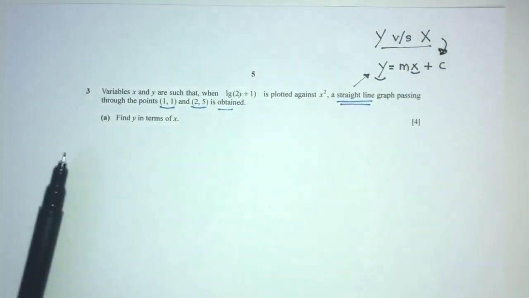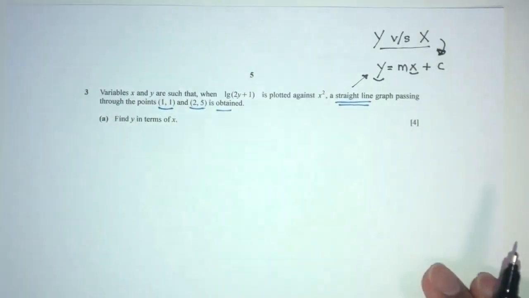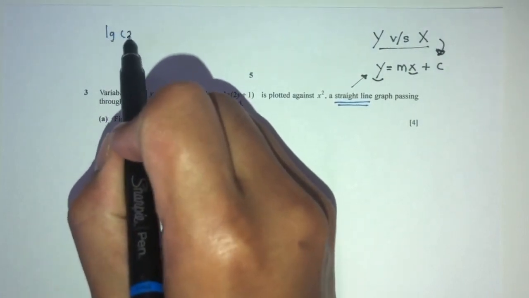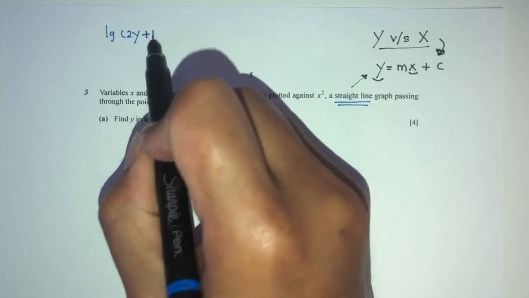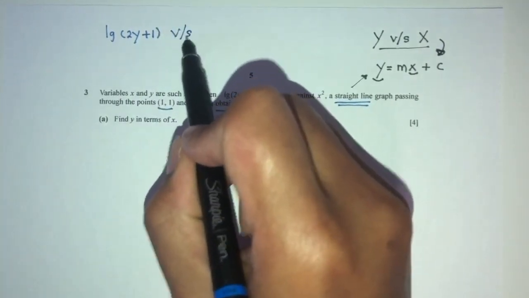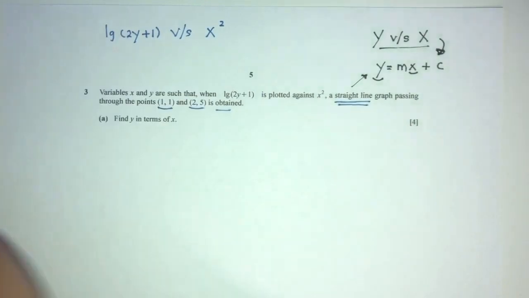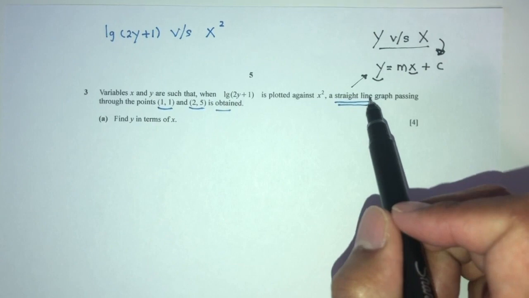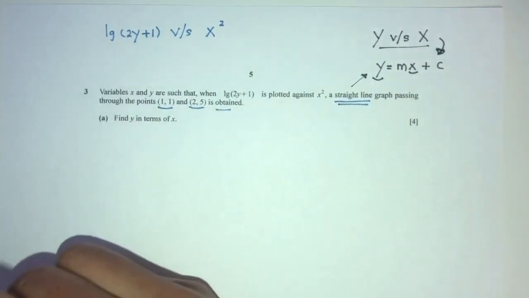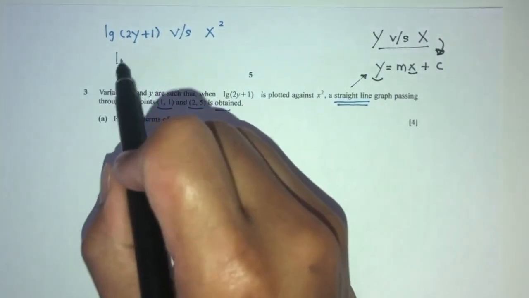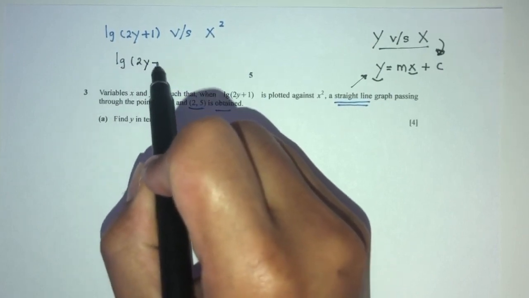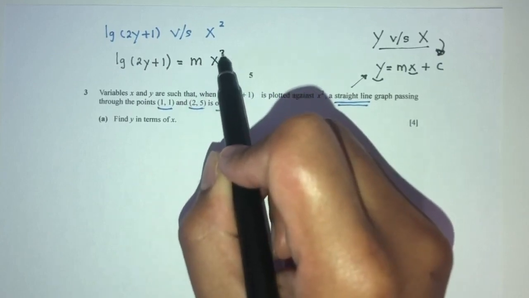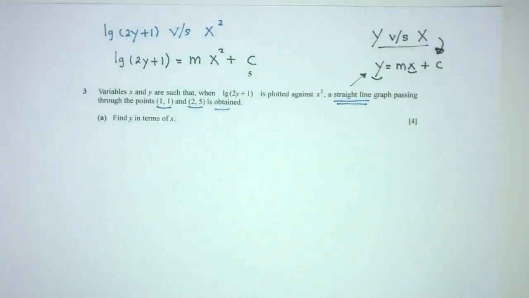Now, using the same idea, here you can see we plotted log of 2y plus 1 against x squared. And by doing this, we got a straight line, which means that if we have to guess the equation of a straight line, it will be something like log of 2y plus 1 is equal to mx squared plus c. I hope that kind of makes sense, right?